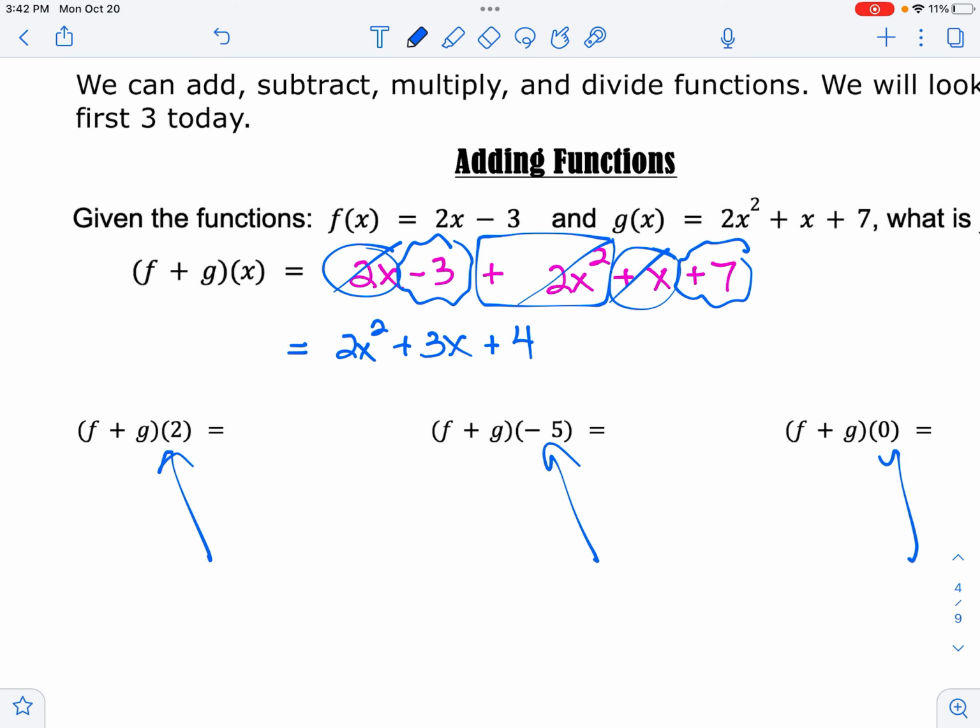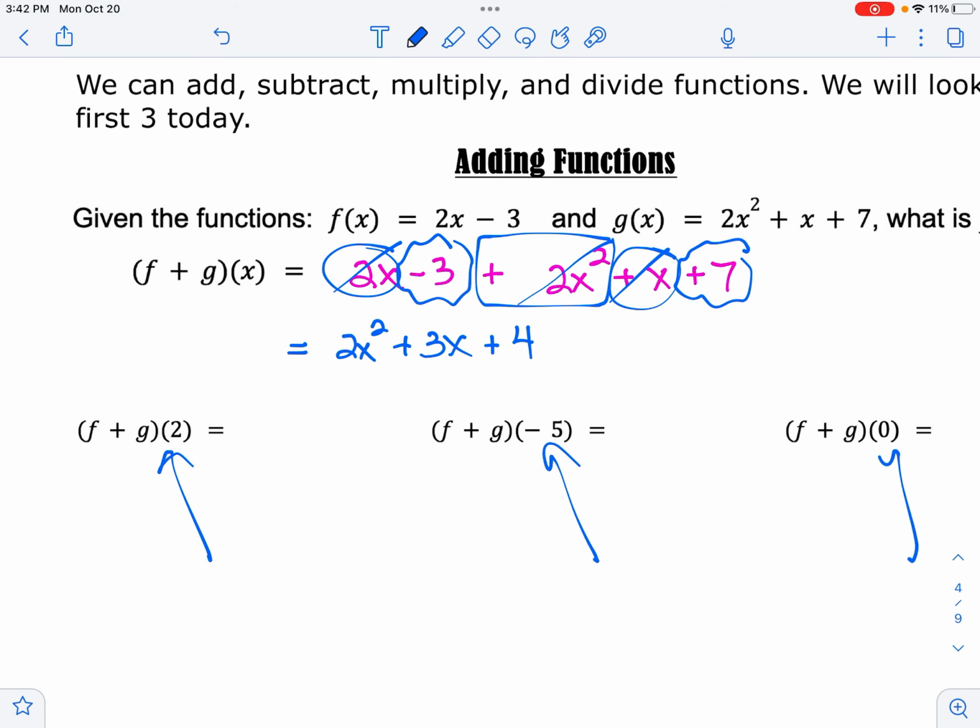So f plus g of 2 would be this same function, but putting a 2 wherever I see an x. I'm going to put it in parentheses, though. Whoops. Not an x, a 2. Squared plus 3 times 2 plus 4.